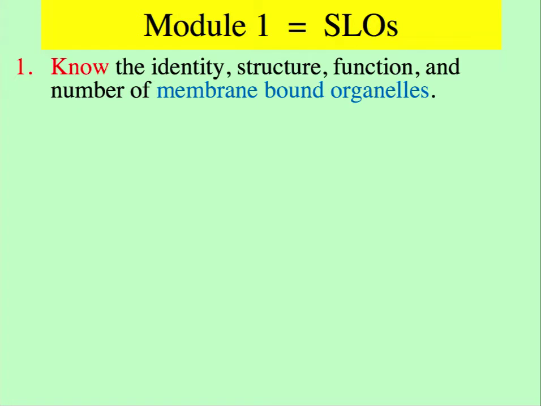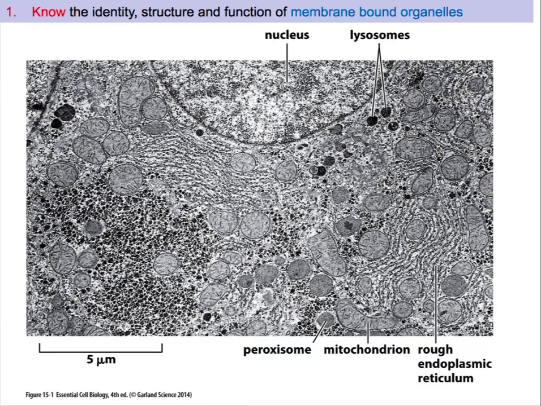So let's get started. Here is an electron micrograph of a cell, and you can see that the cytosol is occupying a very small fraction of the entire volume of this particular cell. So the nucleus here takes up a large proportion of space itself, and it's surrounded, as we said earlier, by a double membrane.